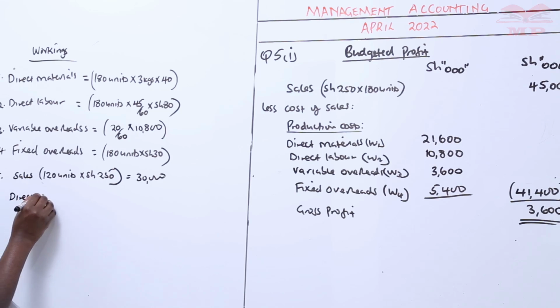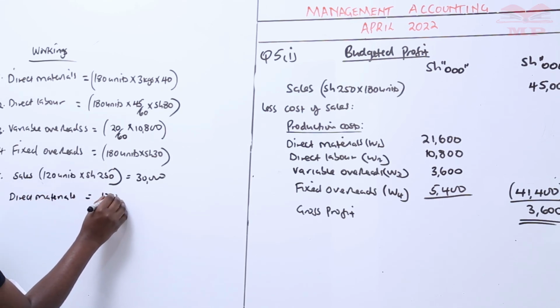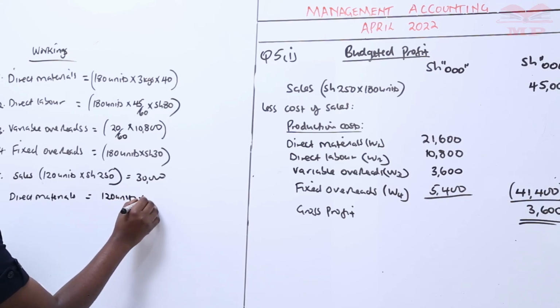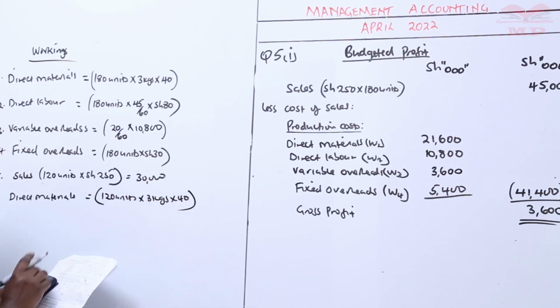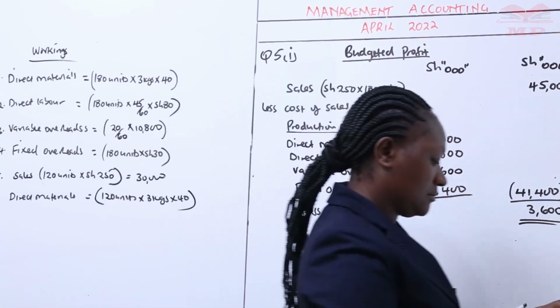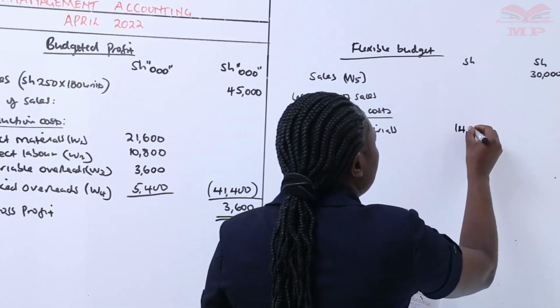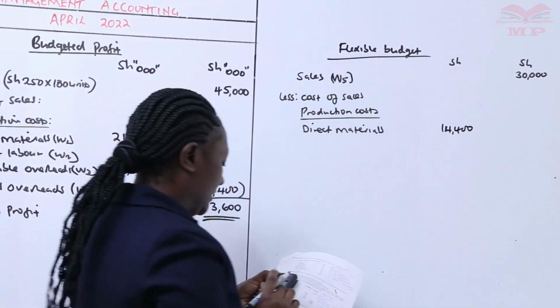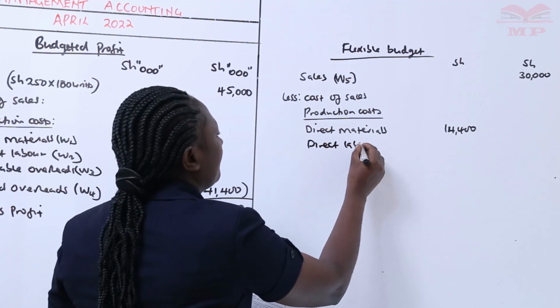So for us to calculate direct materials, we take 120 units times 3 kilograms times 40. And this will give us 14,400 shillings.